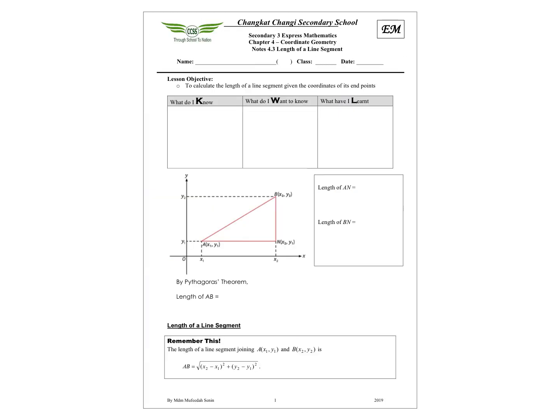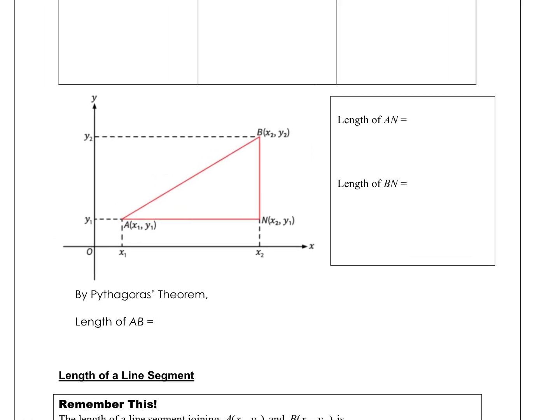Okay, 4.3 now. Length of AN, this one. Just now, we found that to find the length of AN, I just need to find the difference of x2 minus x1. If this is 5 and this is 3, then the length here is 2 units.